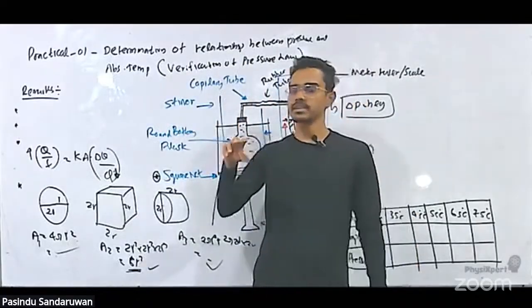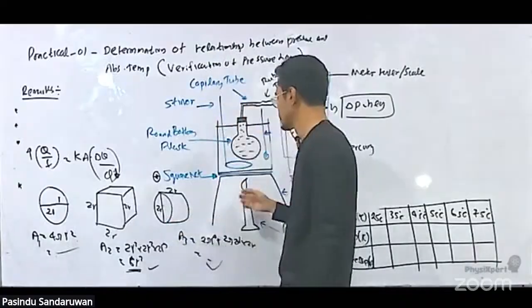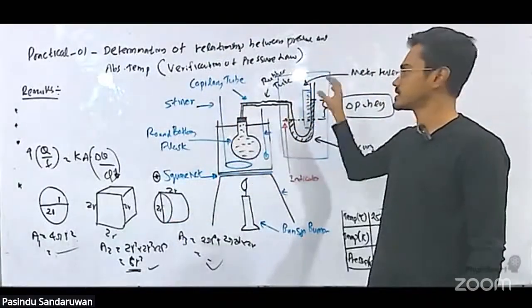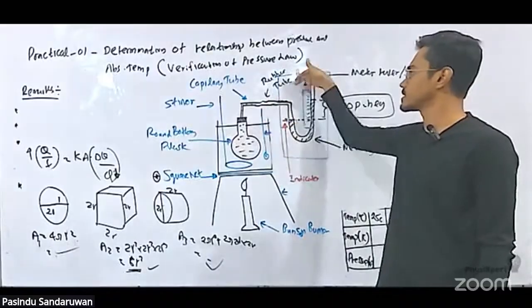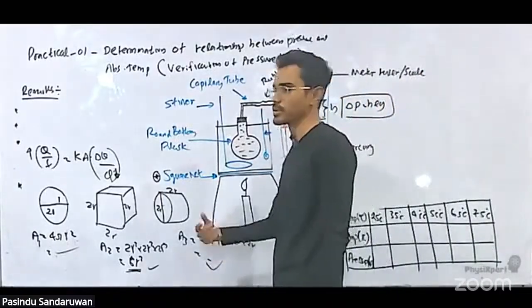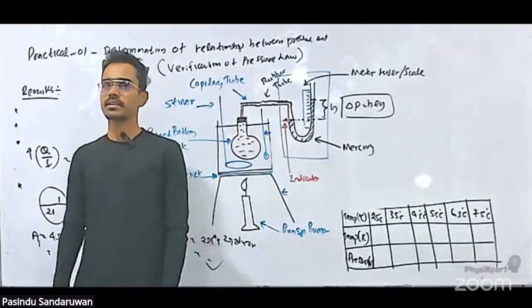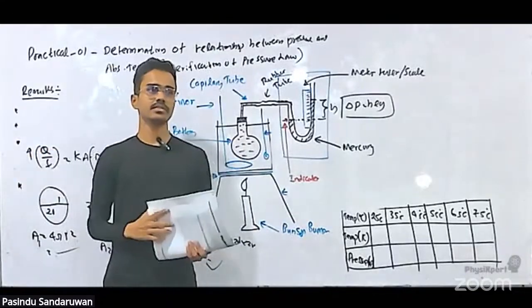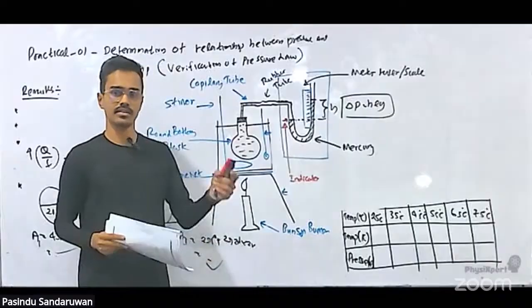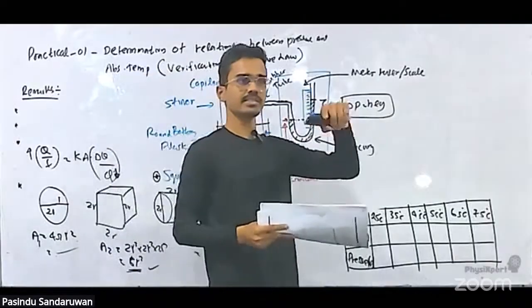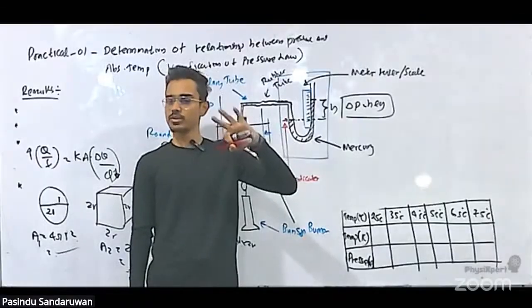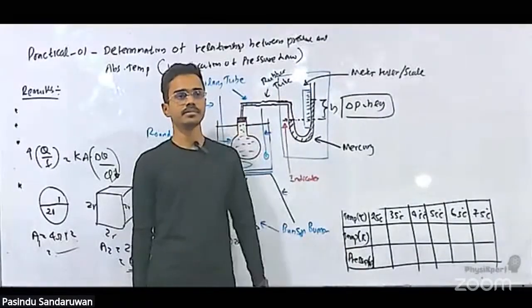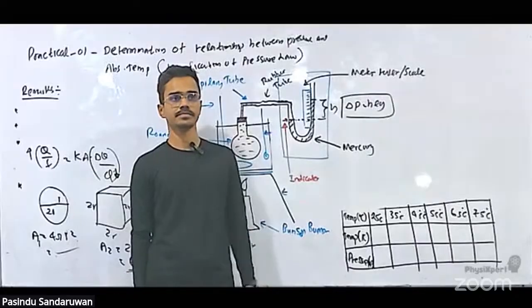The method is very simple and straightforward: heat, take the pressure from the gauge, and plot a graph. But we have some restrictions, so we have to be careful and stay within those limits, follow the restrictions properly to minimize all the errors that we discussed so far, and do the experiment.